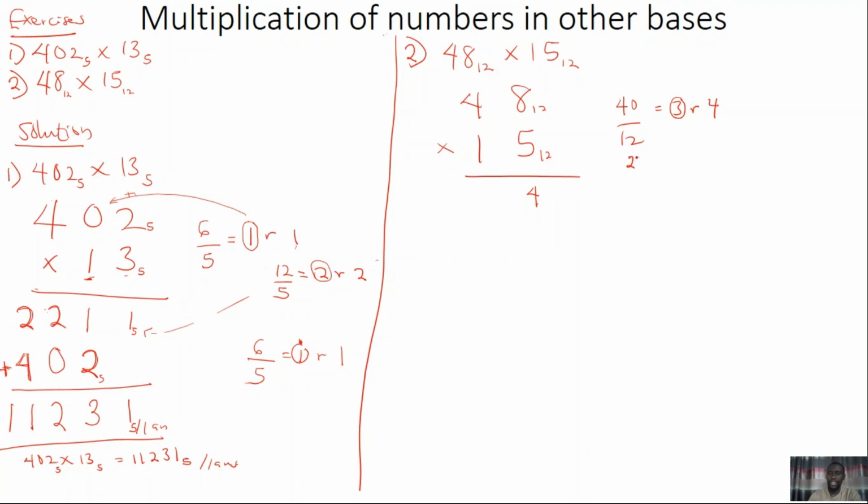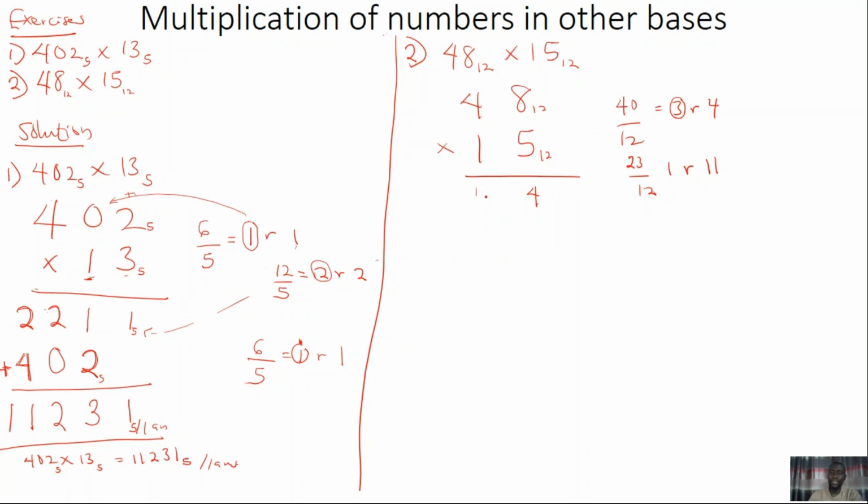So that will be 23 divided by 12. And what we're going to get is 1. 1 times 12 is 12. 23 minus 12 is equals to 11. So remainder 11.